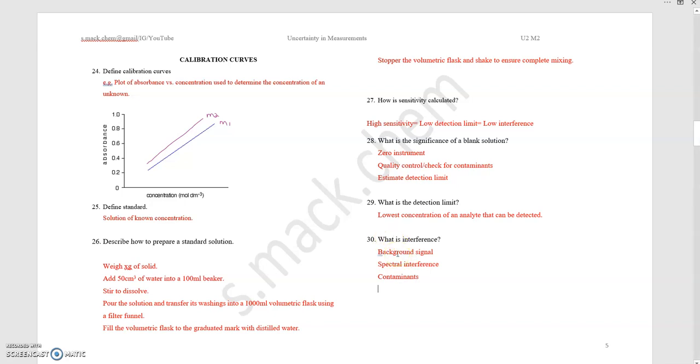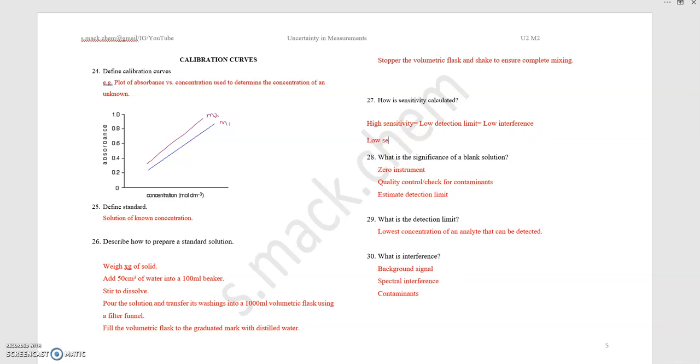Where it refers to spectroscopy, it can be some sort of spectral interference or maybe a background noise or signal, and it is the presence of interference which will change our detection limit and hence the sensitivity of our experiment, meaning that our experiment will have a lower sensitivity where the detection limit is not very low, and as a result of that we have a high amount of interference.